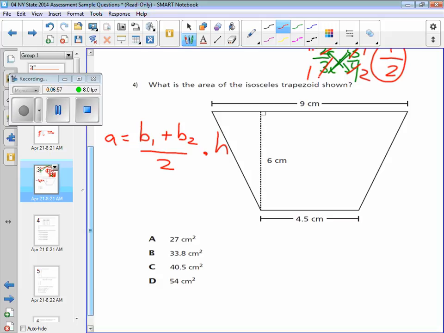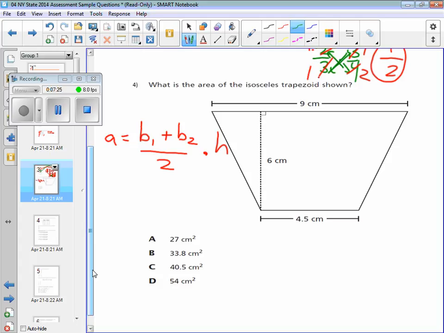It's really not as bad as you think, because all I really need to teach you is what's base 1, what's base 2, and what's the height. And then it's substitution, and then it's everything that we've covered before. Okay. The top and the bottom of a parallelogram or a trapezoid are called its bases, which in this case is 9 and 4.5. I'm going to substitute that into the formula.